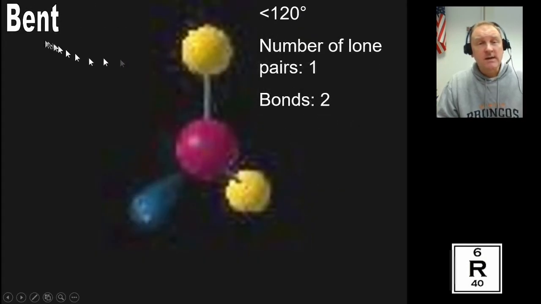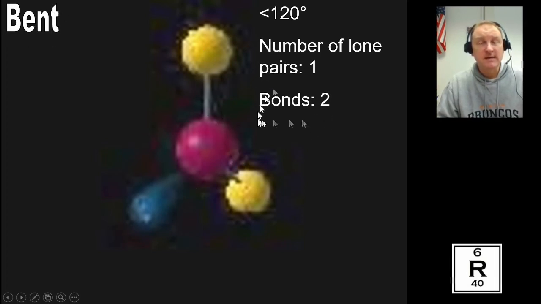The next one is a molecule, and this shape is called bent. There's more than one bent molecule. When you have 2 bonds and 1 lone pair, this would be less than a 120 degree angle because this lone pair is pushing more than these electrons are, so it's going to be a little more repulsion here.